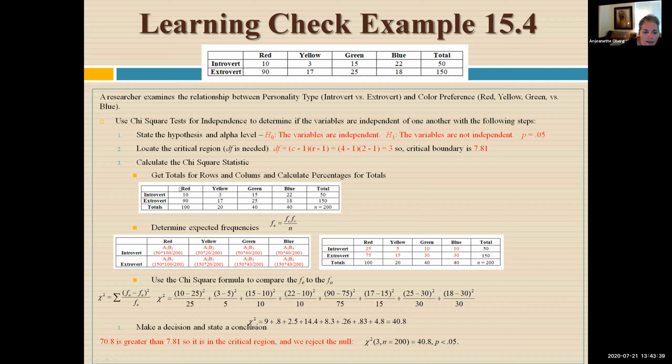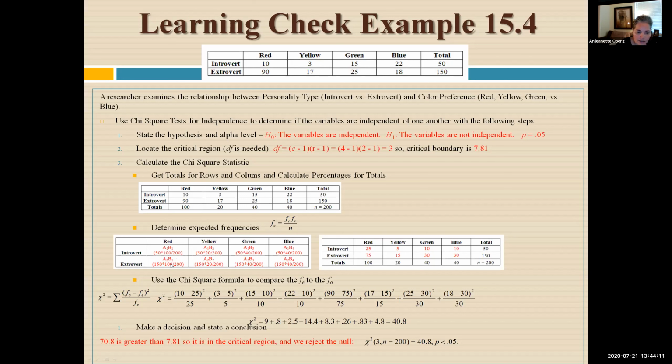So I'm right here figuring out this one for my red introvert. My column for red is going to be 100 and my row value for introvert is 50, and there were 200 overall. So 50 times 100 divided by 200 equals 25. Now for extrovert, I have 150 in my extrovert row and 100 in my column.